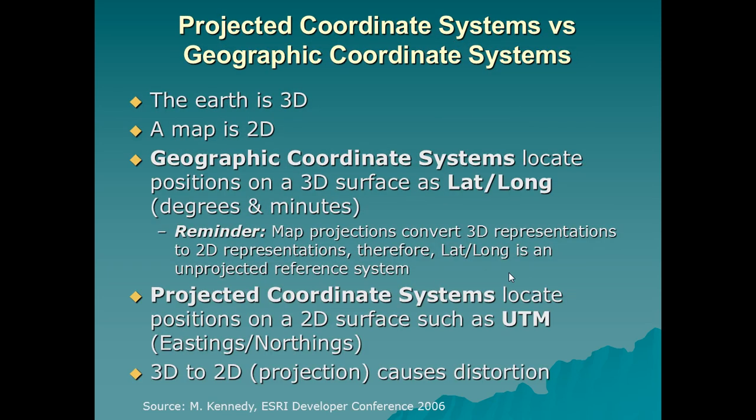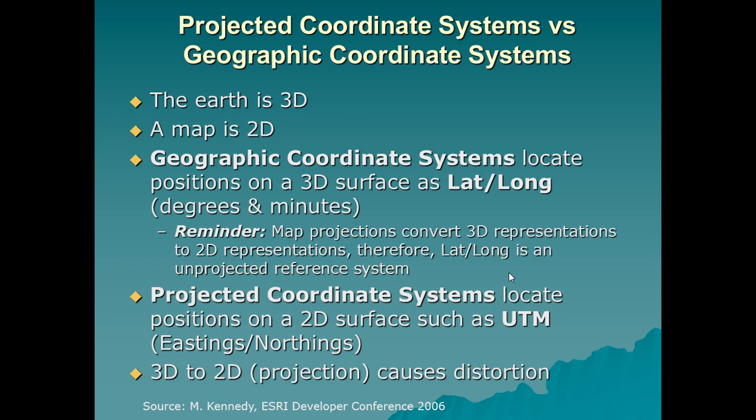Okay, so we're still talking about coordinate systems. Now we want to distinguish between projected coordinate systems and geographic coordinate systems. So again, we do a little recap. Remember, we refer to the Earth as a 3-dimensional object. The features on the 3-dimensional object, which is the Earth, those are what we transfer to the flat surface, which is the map, right, during the process of map projections.